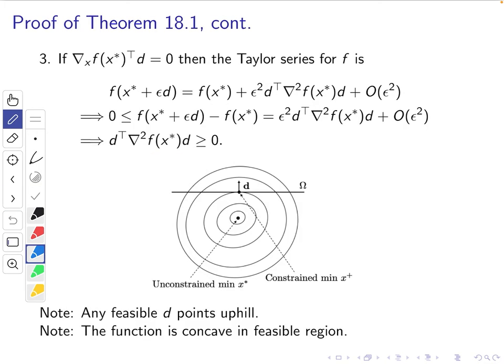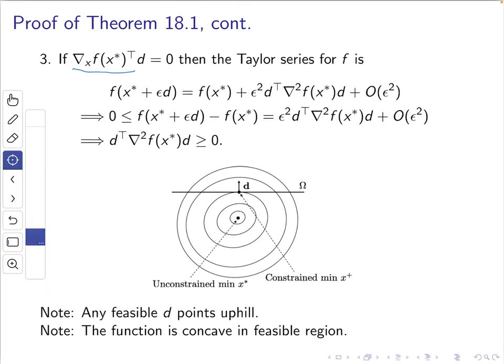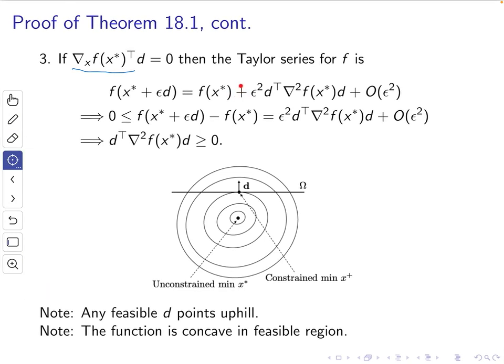Okay, now if we know that the inner product of the gradient with a feasible direction is equal to 0, we can look at the Taylor series expansion. In this particular case, epsilon times d transpose the gradient is equal to 0. So what we're left with is just the second derivative here. And that'll have an epsilon squared, and then all of the higher order terms are going to be o of epsilon squared, meaning if we divide by epsilon squared and let epsilon go to 0, this term goes to 0.